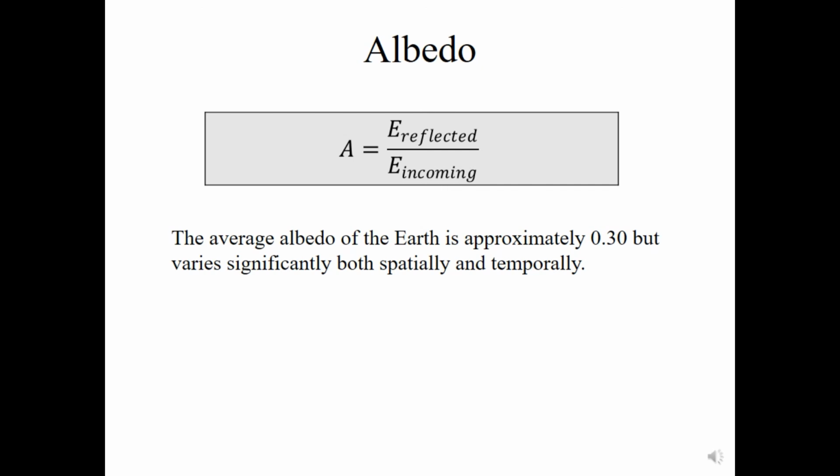However, it's important to note that the albedo varies significantly both spatially and temporally, and a lot of that has to do with the presence or absence or thickness of clouds, but it also depends upon the underlying surface. For example, ocean versus land has very different reflective qualities, as does land versus ice or ocean versus ice.